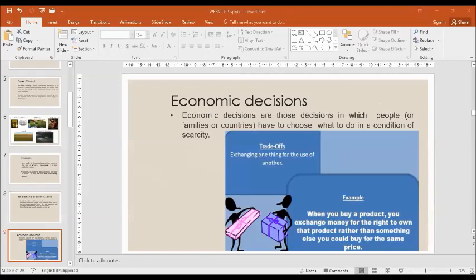Scarcity occurs when people have unlimited wants, but only have limited resources with which to fulfill these wants. An example of this is trade-off: exchanging one thing for the use of another.